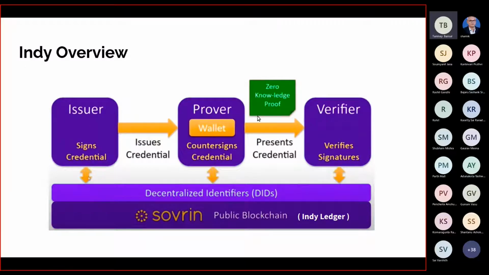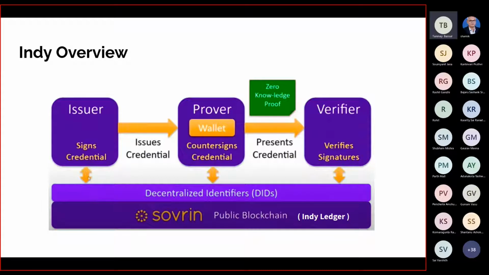Okay, so this is the overview. This kind of diagram you have already seen in your previous classes. Here you see there is an issuer, a prover, and a verifier. The prover is basically the holder. The issuer will issue verifiable credentials to the holder or the prover, stored in its wallet.